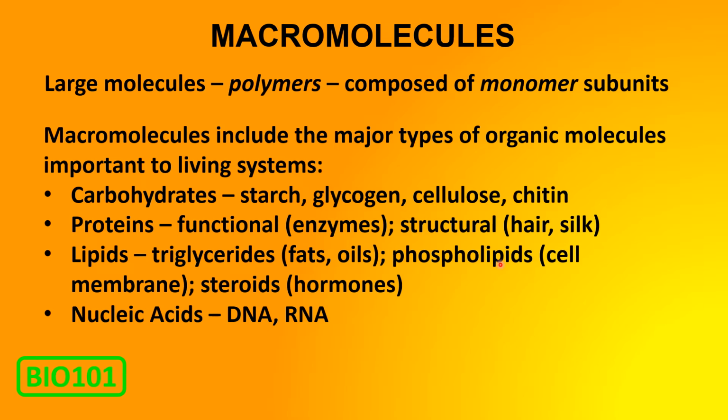Phospholipids are those lipids that heavily compose the cell membrane or the plasma membrane, which we obviously need to learn about, so when we go to the next step, cells, we'll have that understanding. And also steroids. Steroids are hormones, or there are different types of hormones, but steroidal hormones are also lipids.